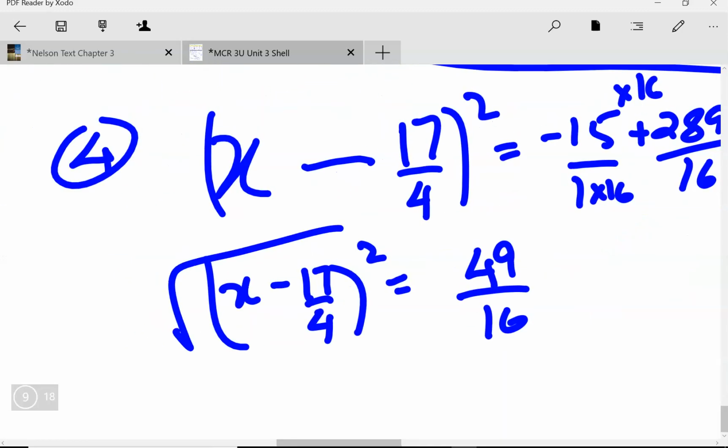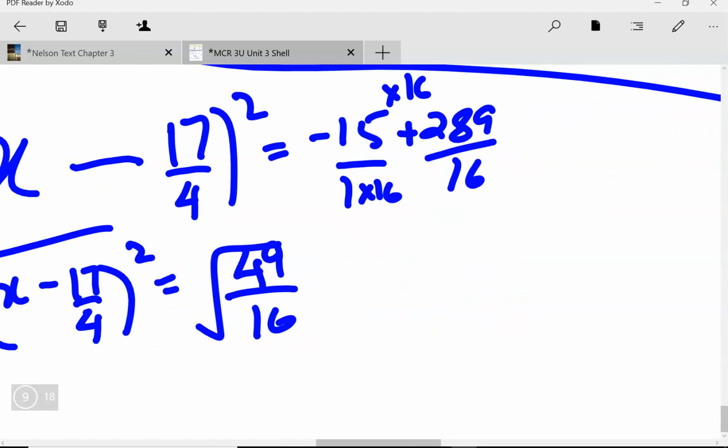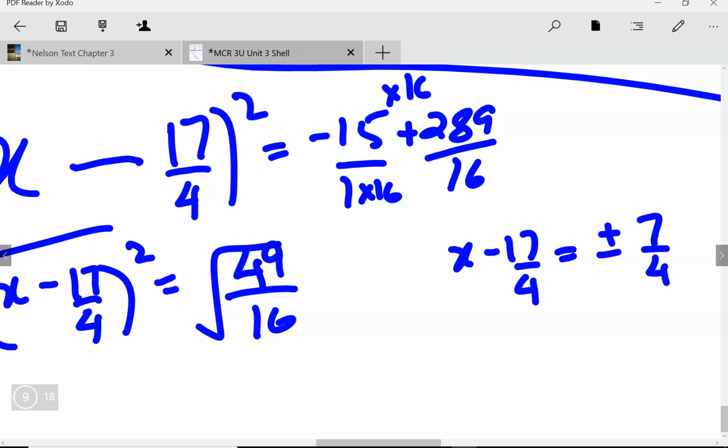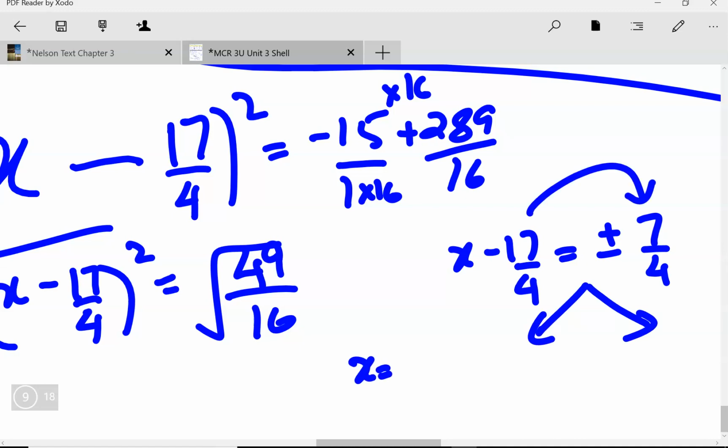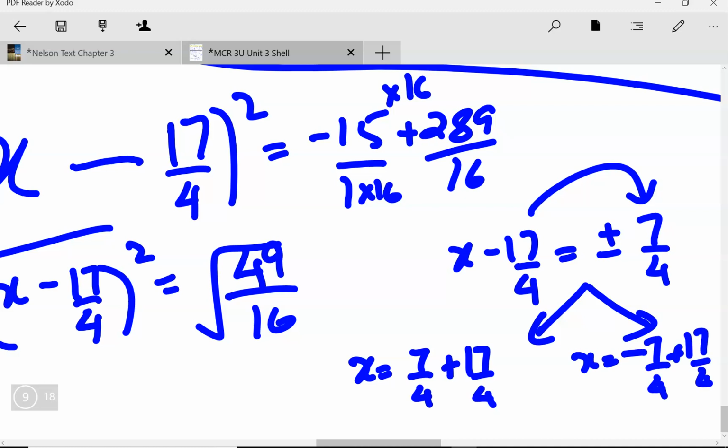So I will take the square root of both sides. x minus 17 over 4 equals plus or minus 7 over 4. Now I can break this into two. I move this to the other side, so x equals 7 over 4 plus 17 over 4, and x equals negative 7 over 4 plus 17 over 4.